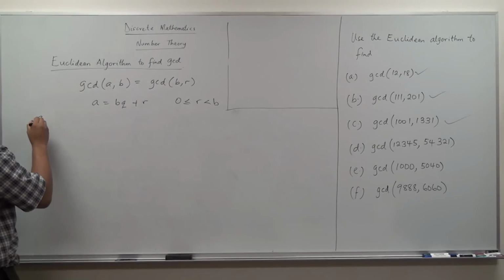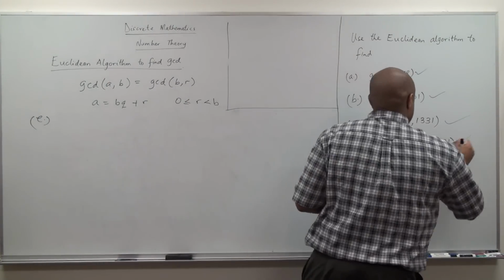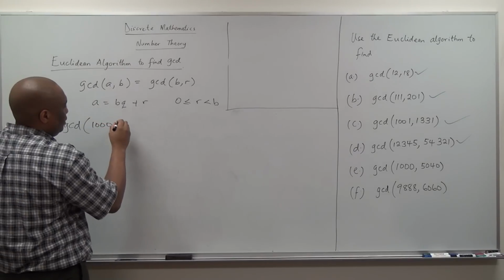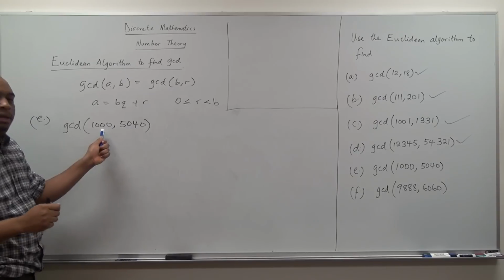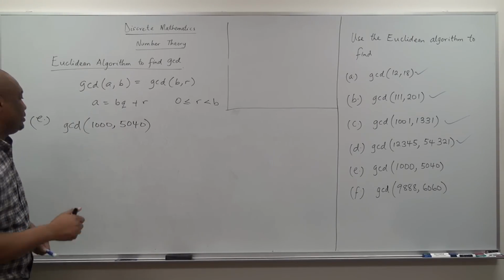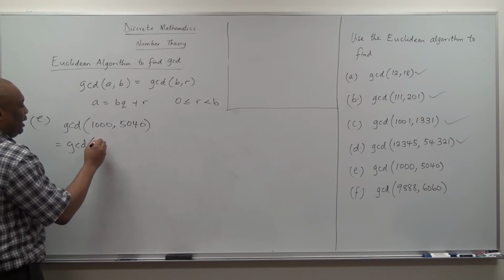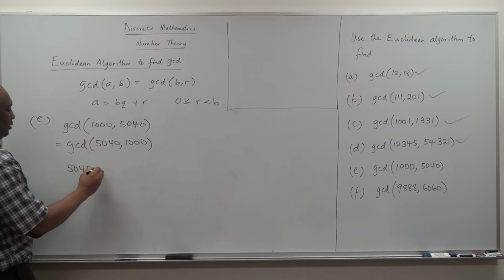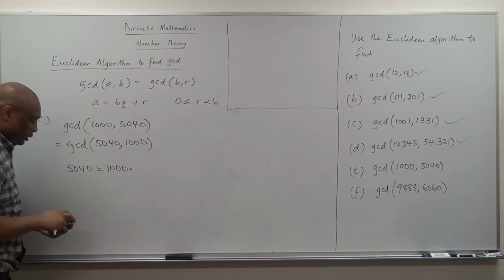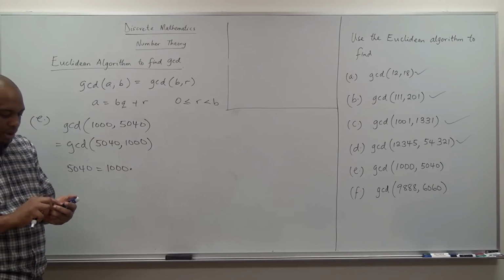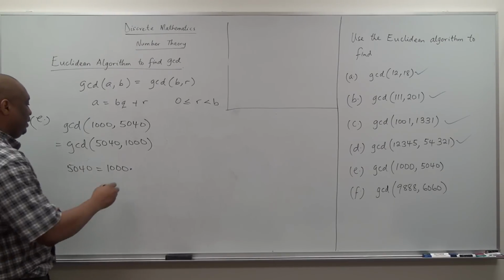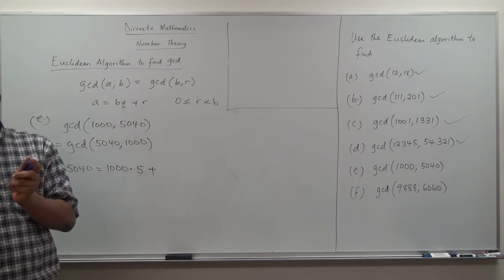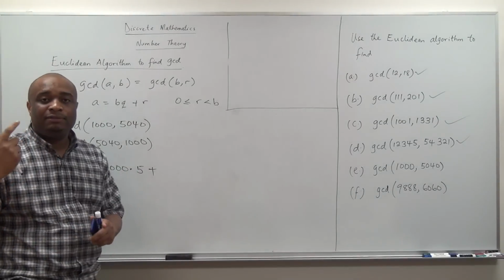So we have E, GCD of 5,040 and 1,000. Now we see that here our A needs to be bigger than our B, so we rewrite it: 5,040 and 1,000. So you divide 5,040 by 1,000, and that gives you 5 as the integer part. 5 times 1,000 gives you 5,000.